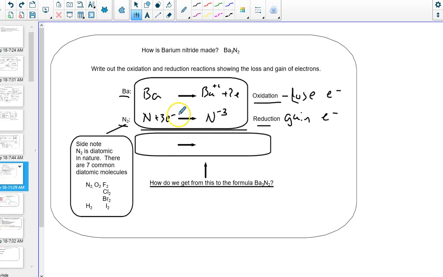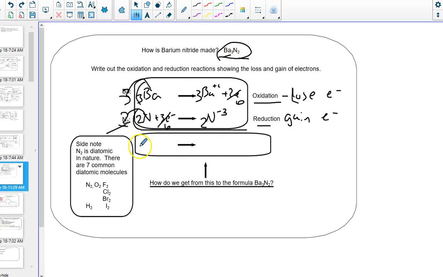This process runs, in order to get the same loss as gained, this one has to run 3 times, and this one has to run 2 times. That gives me 6 electrons, 2 of these, and 3, and 6. Hence I get this right here. 3 bariums, 2 nitrogens.